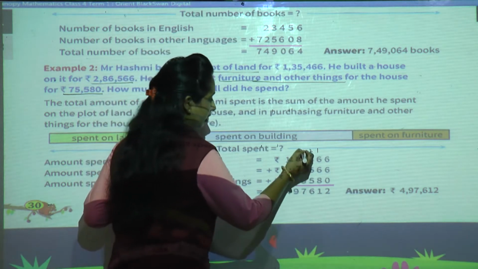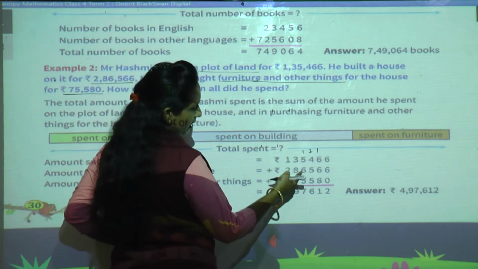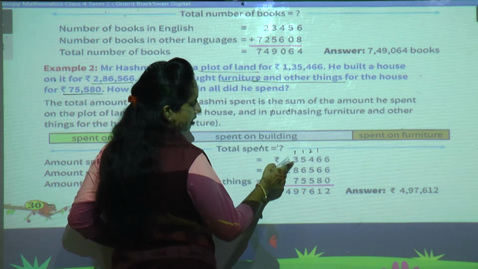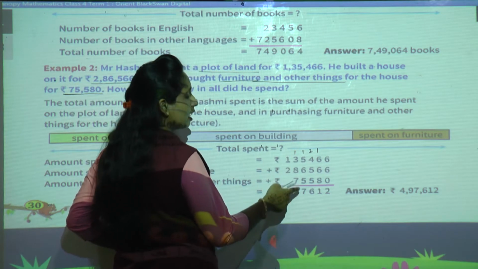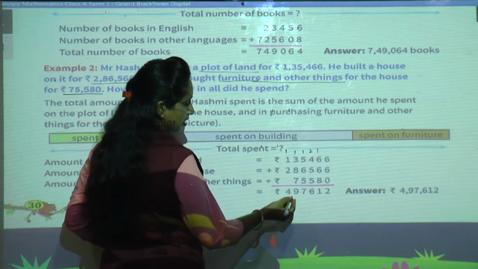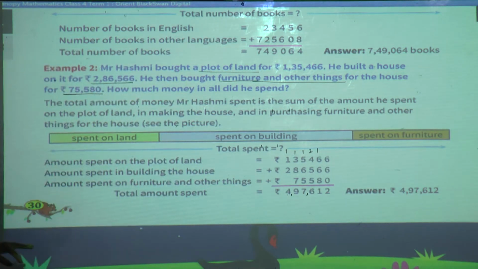So 6 will remain here and 1 will carry. 1 plus 5 is 6. 6 plus 6 is 12. 12 plus 5 is 17. 1 plus 3 is 4. 4 plus 8 is 12. 12 plus 7 is 19. 1 plus 1, 2. 2 plus 2, 4. So what is the answer? 4,97,612. The total amount he spent.